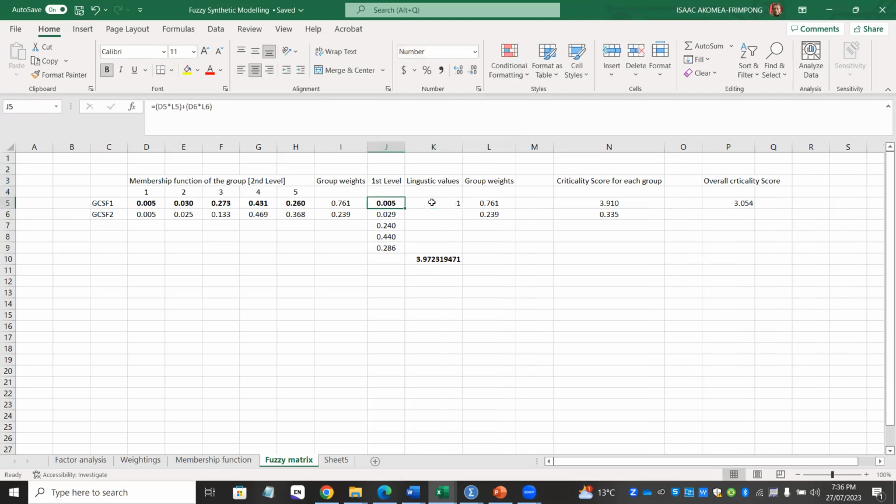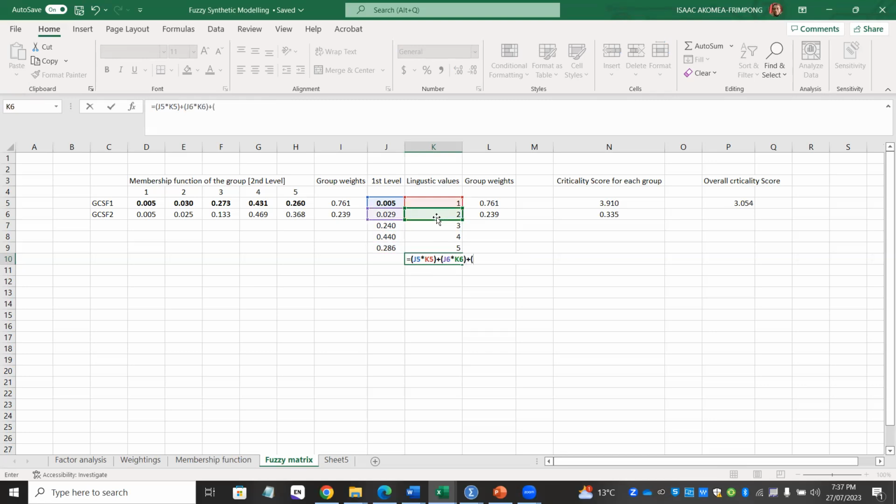The linguistic terms are here, according to our likelihood scale: 1, 2, 3, 4, 5. So once we do that, all that we have to do is multiply this by this, plus this by that, plus this by this, plus this by this.